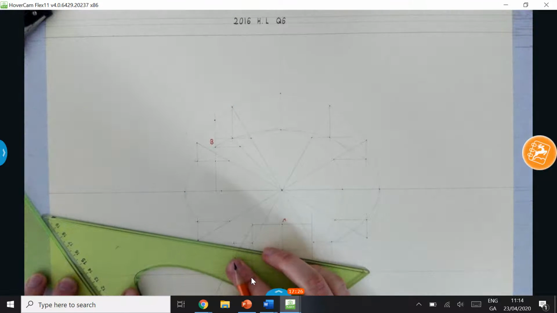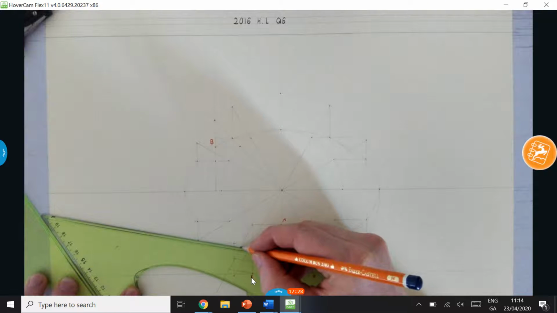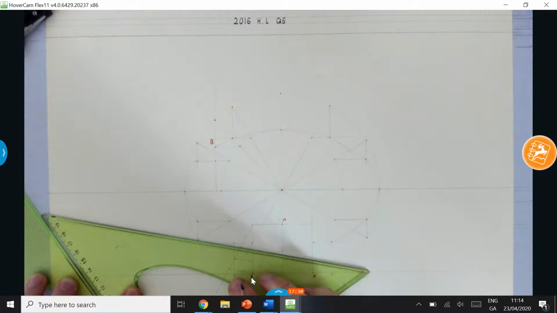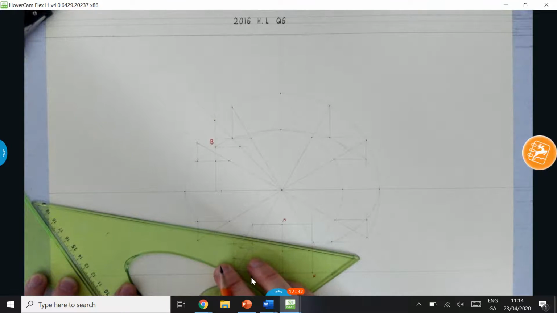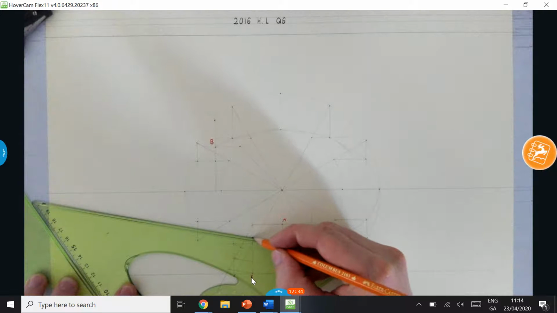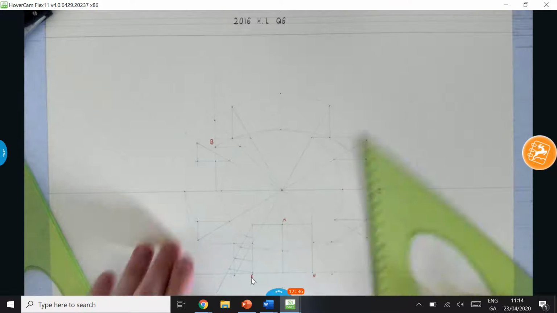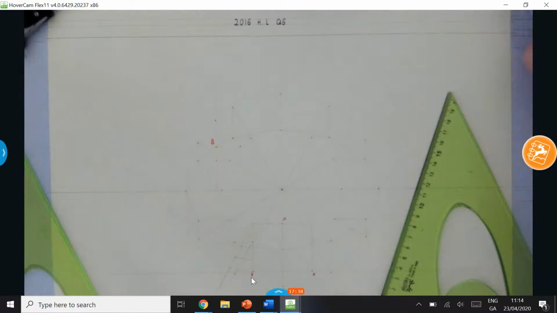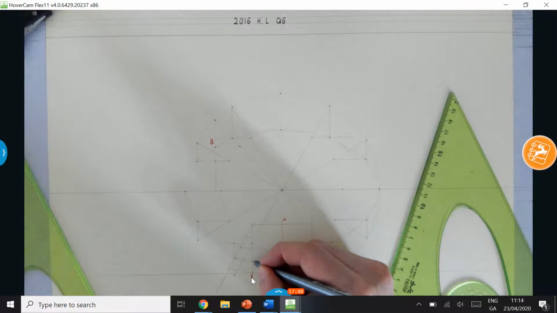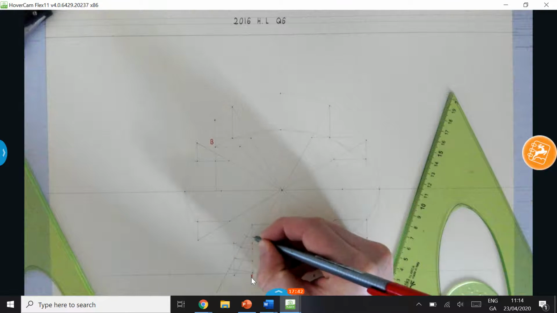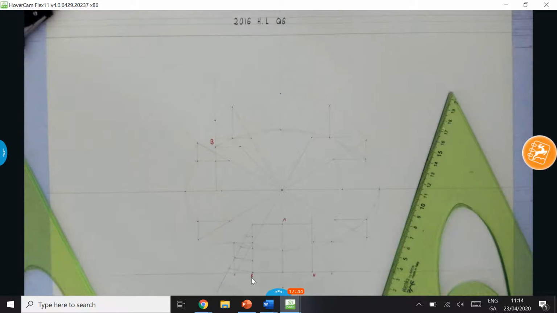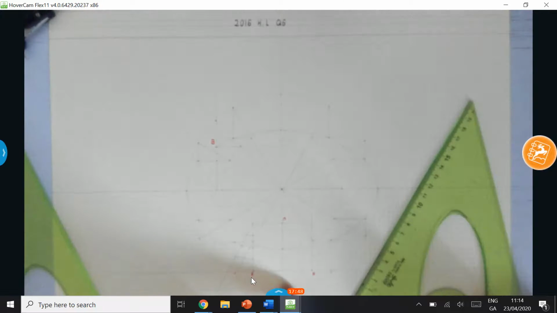And again, okay, that's that divided into 4 equal parts. 1, 2, 3, and 4. And we need to do it with this line down here as well.